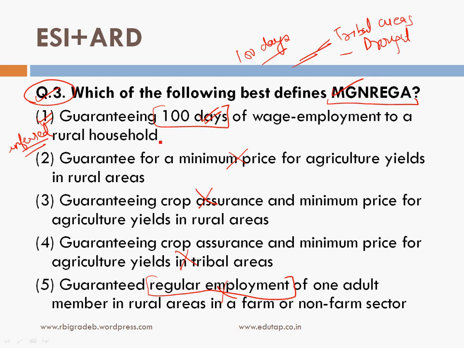So you should know the basic features of the important schemes, be it NREGA, Ajivika, Indira Awas Yojana, Pradhan Mantri Jan Dhan Yojana, Atal Pension Yojana, or any other important scheme. You have to memorize the basic features and provisions of those schemes.